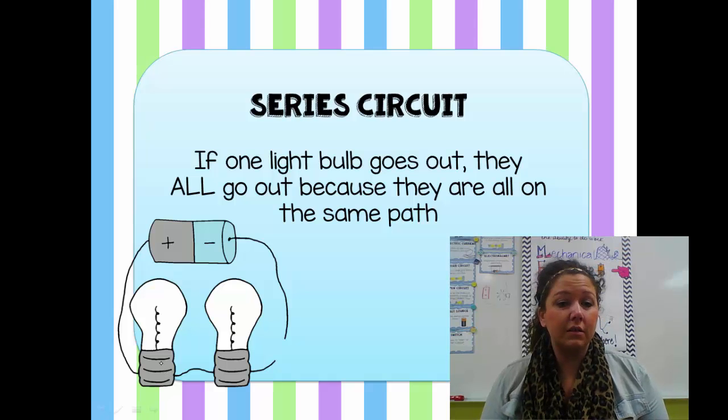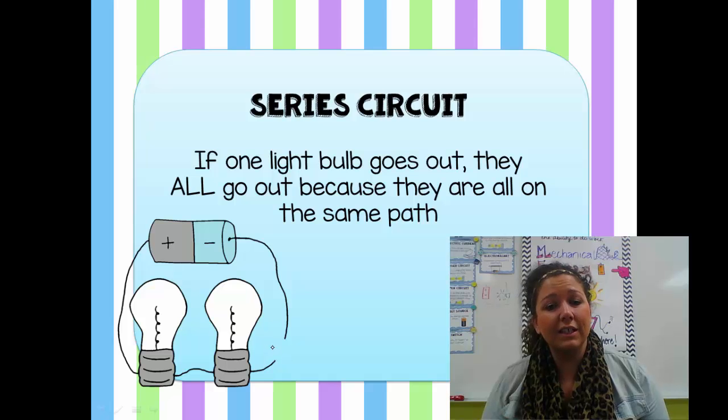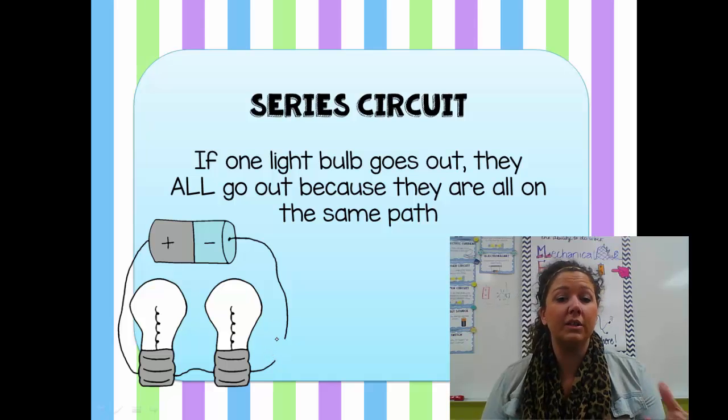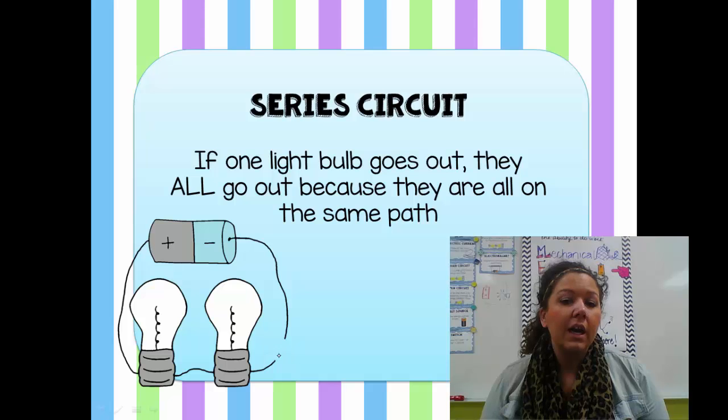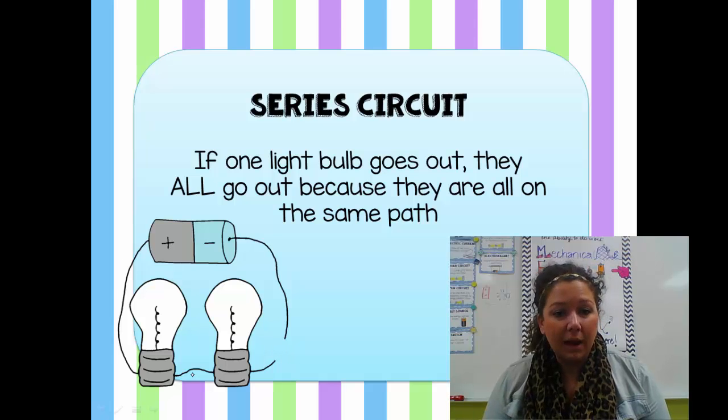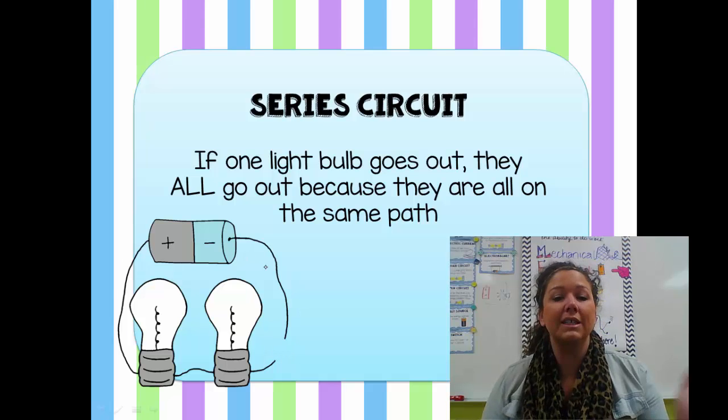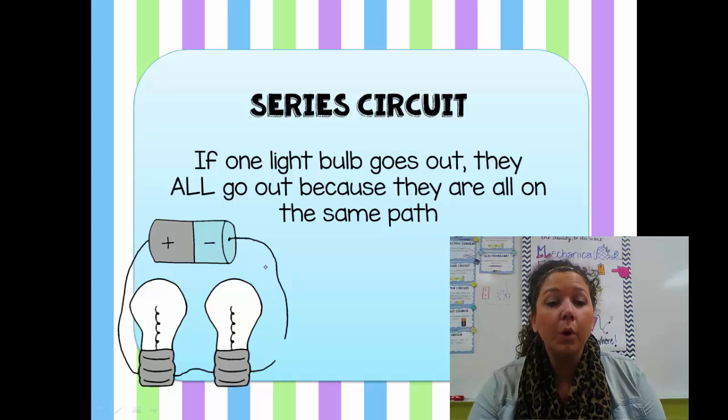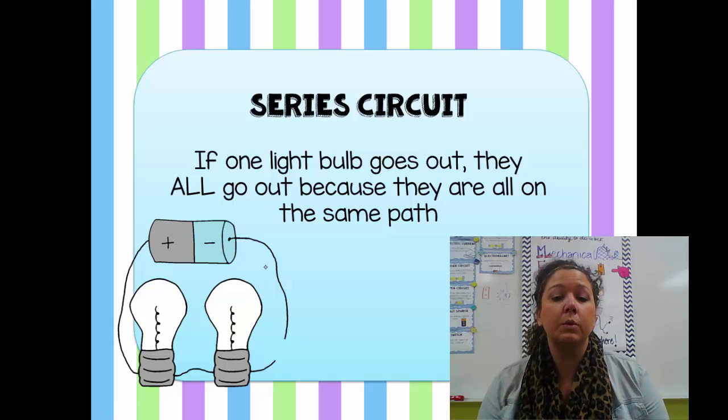Well, if light bulb 1 is not on, we travel to light bulb 2, and here you can see there's a break. So remember, we learned how if there's a break, then it's an incomplete pathway, so it's an open circuit, so the energy is not going to work. And since this is on the pathway for both light bulbs, then it's going to cut off the energy to both of them, so both light bulbs will go out.